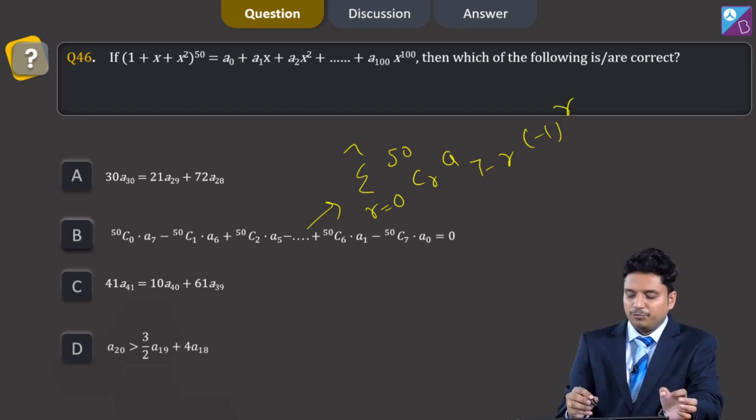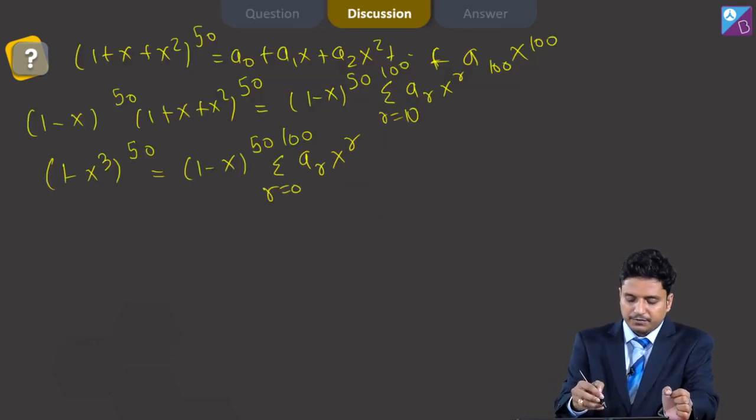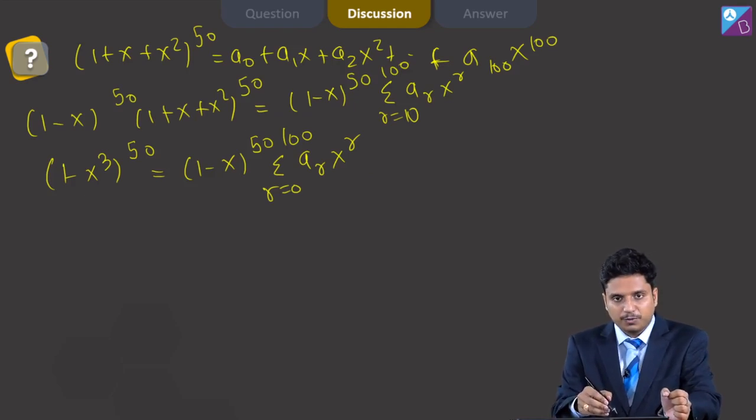Fine. So when these terms are clubbed, we can see (1 minus x) raised to power 50 gives us a chance of representing (minus 1) raised to power r 50Cr. The expansion will have this term, (minus 1) raised to power r 50Cr, and if we multiply it by a(7 minus r), how will it be created?